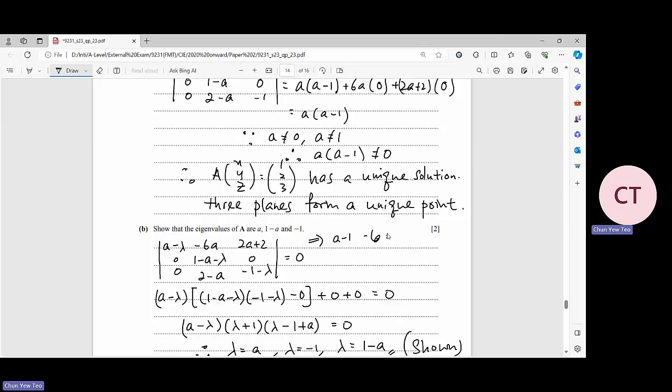You get negative 6A, 2A plus 2. Then this one is the 0. So you get negative A and 0. So, oh, sorry, this one is a 2 minus A. Okay, then you find the eigenvector from here again.